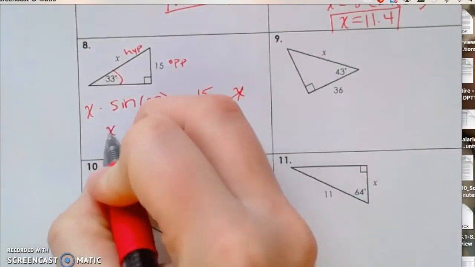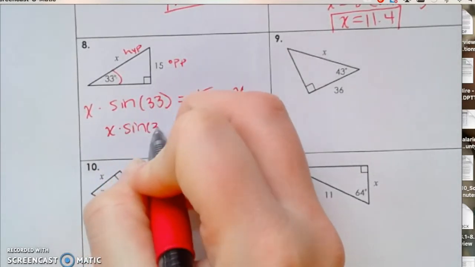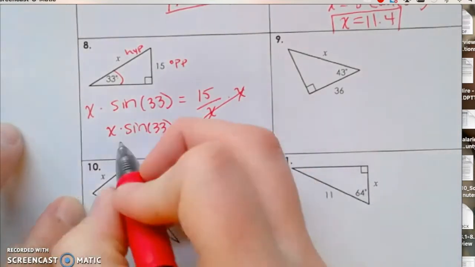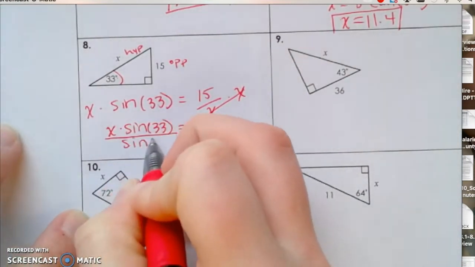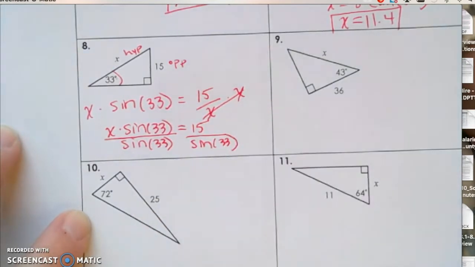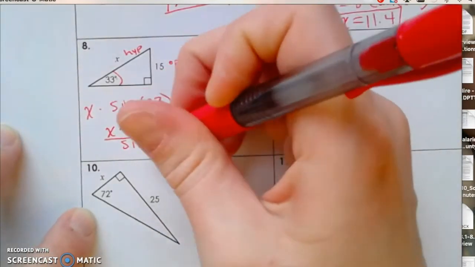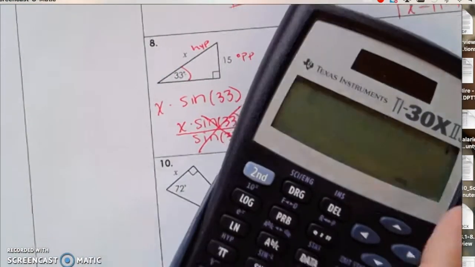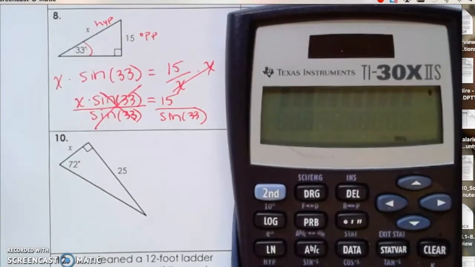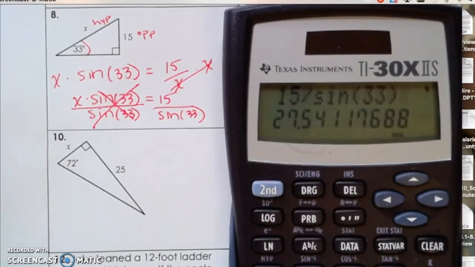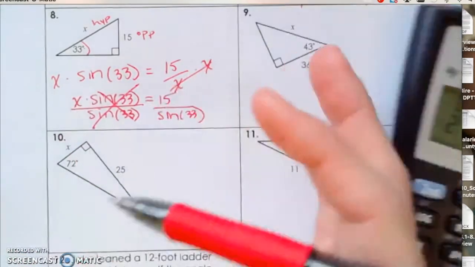So I have x times the sine of 33 equals 15. And then to get x by itself, I will divide everything by the sine of 33. These will cancel. So what is 15 divided by the sine of 33? I get 27.5 is my value for x.